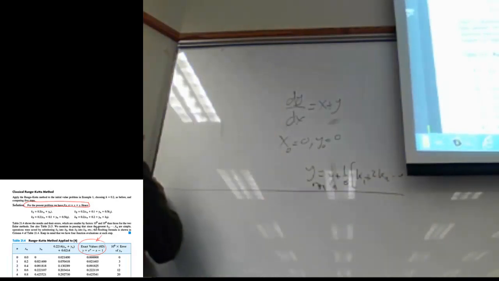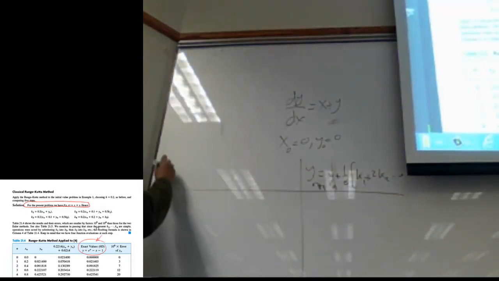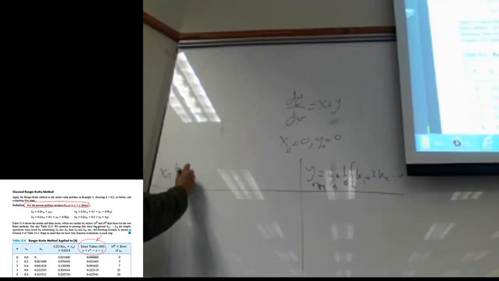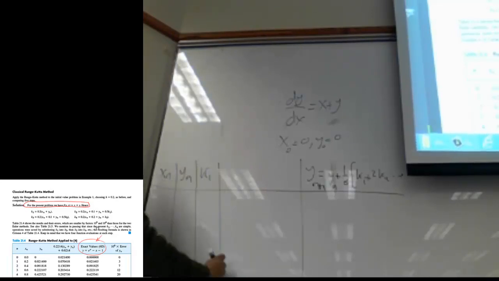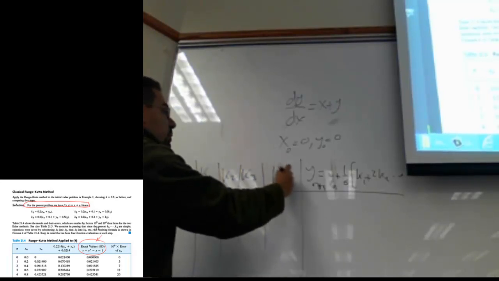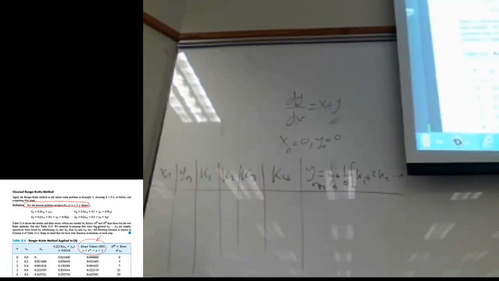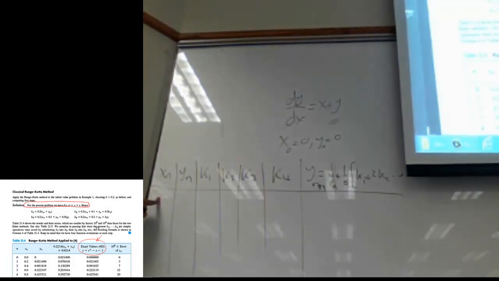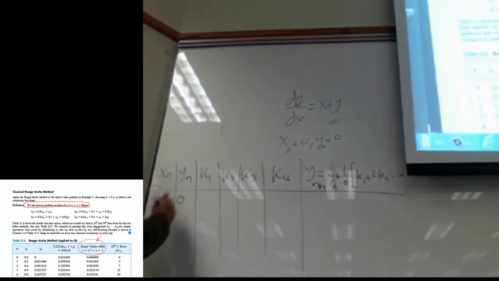So how am I going to do this? I will make one big table like this, and I'll start with xn and yn, and then k1, k2, k3, k4. Alright? What's my first x and first y I should use? 0 and 0.